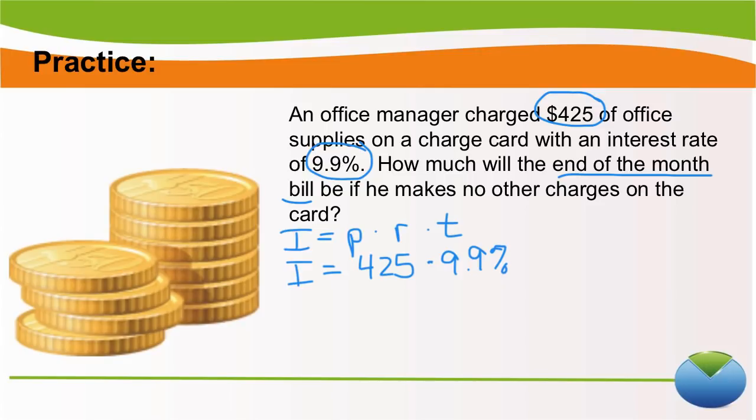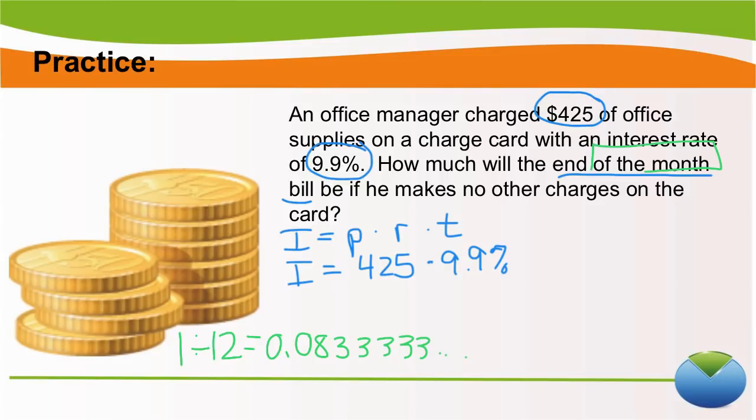So I'm going to do this down here in green. I want to know 1 month. So I'm going to take 1 month divided by 12 months in a year. And if you pick up your calculator, you're going to get this crazy decimal that goes on forever and ever until the end of time.